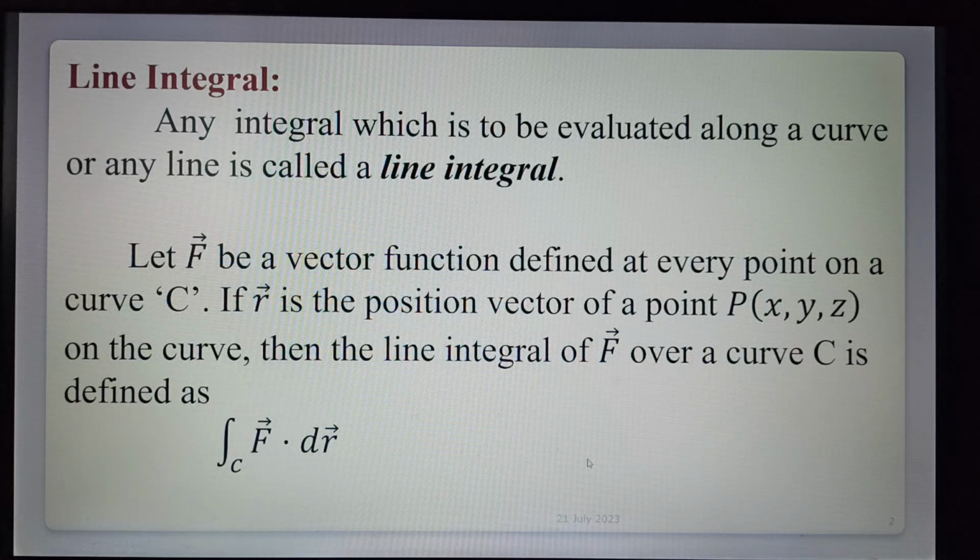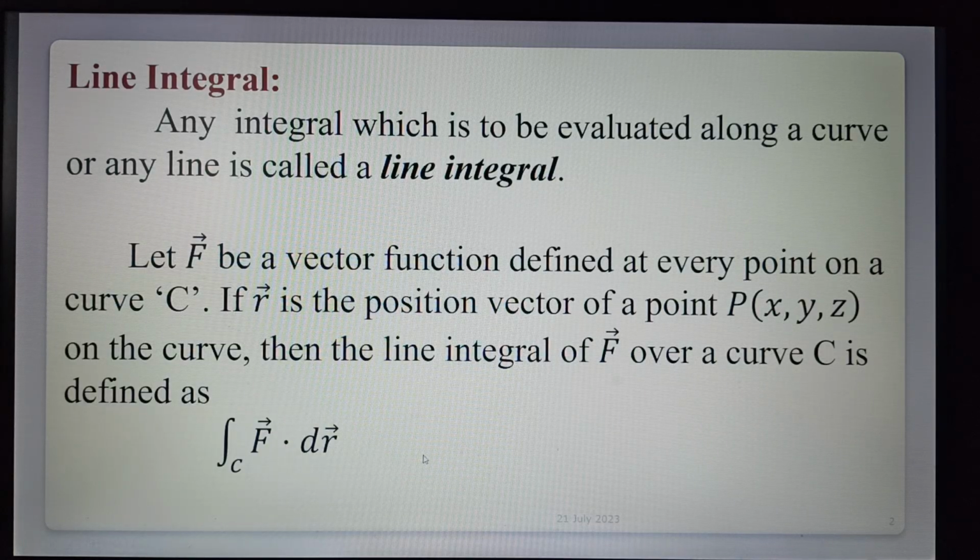Here f bar is a vector, dr bar is a vector, and dr bar is the differentiation of the position vector r bar. This is called line integral.